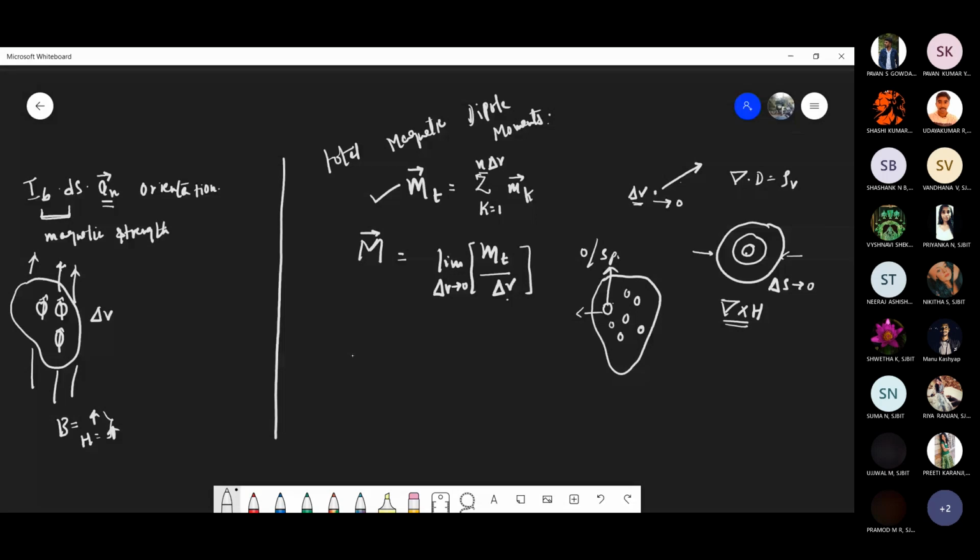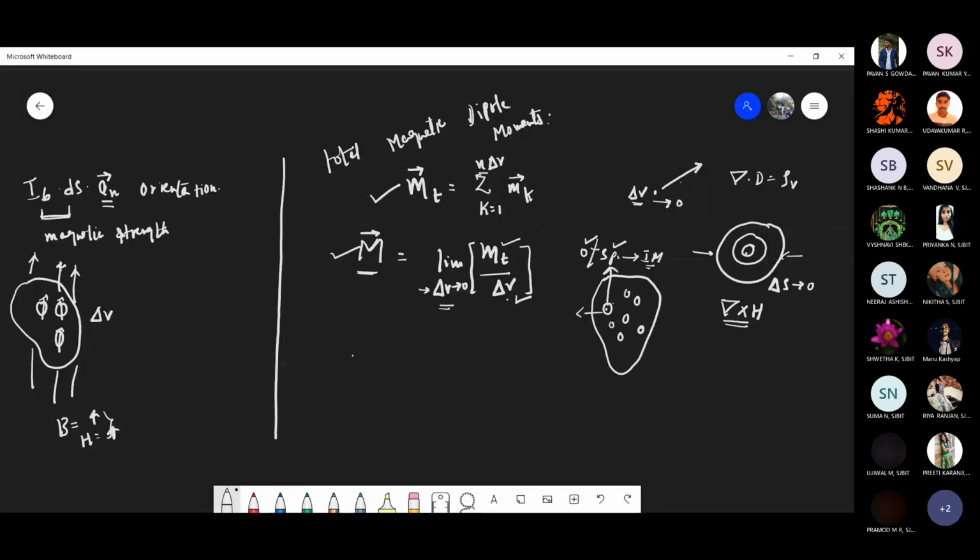The orbital and spinning motion will generate the internal magnetic field, which I would call IM. This magnetic field I refer to as magnetization when the volume shrinks to 0, when you take the ratio of total magnetic moments over delta V. In simple terms, magnetization is the ratio of dipoles over volume, as the volume shrinks to 0.